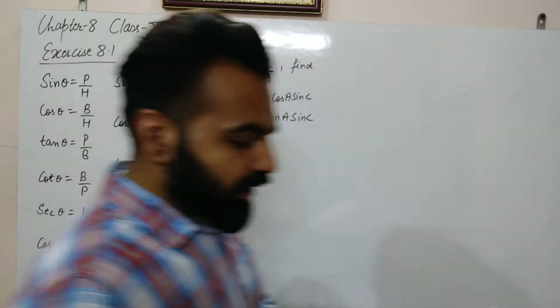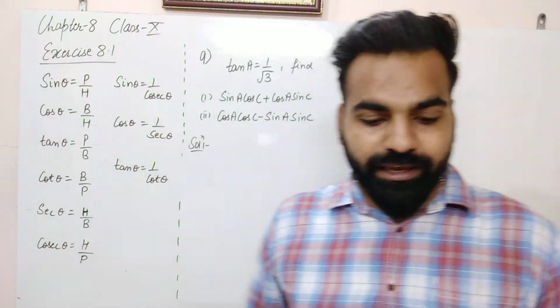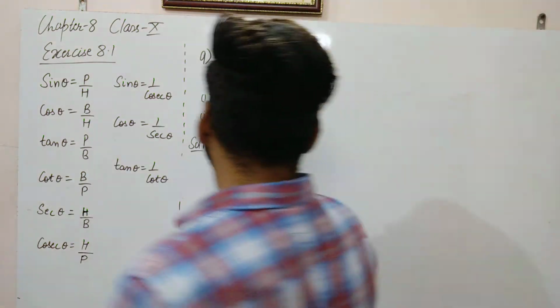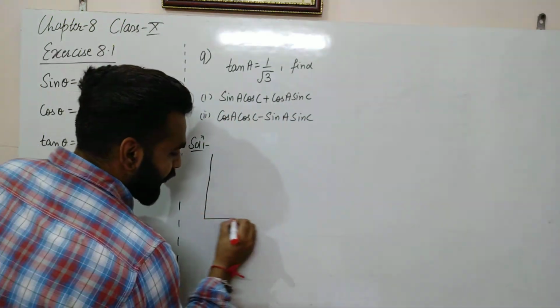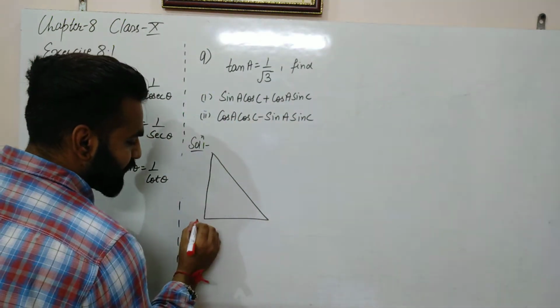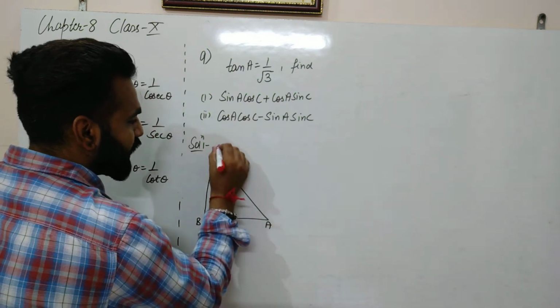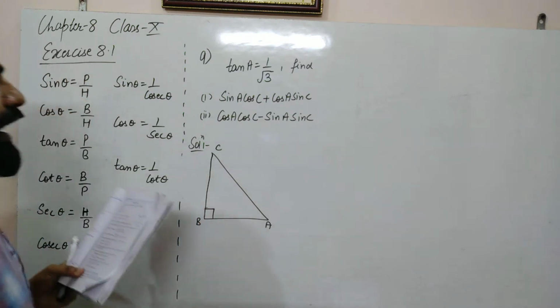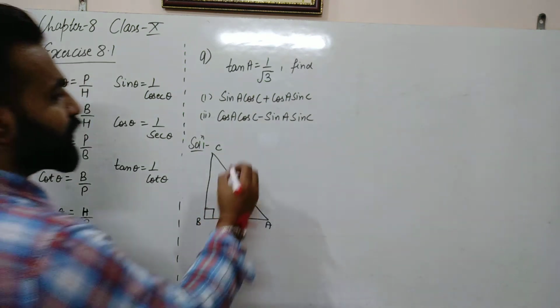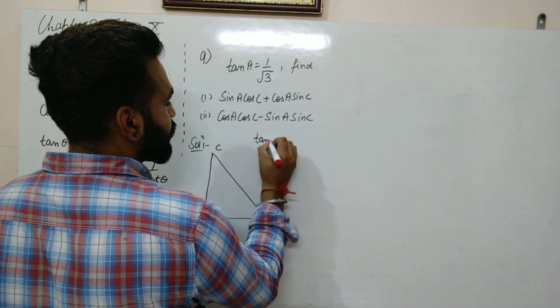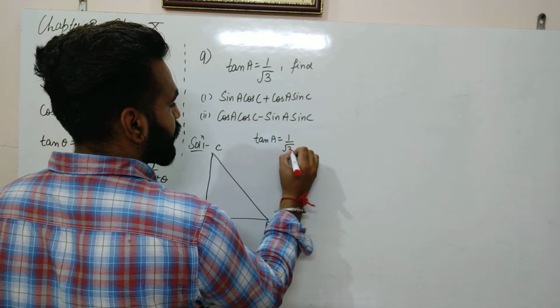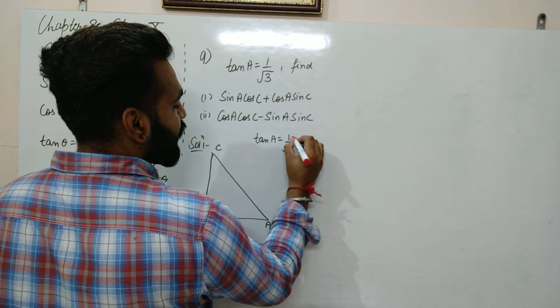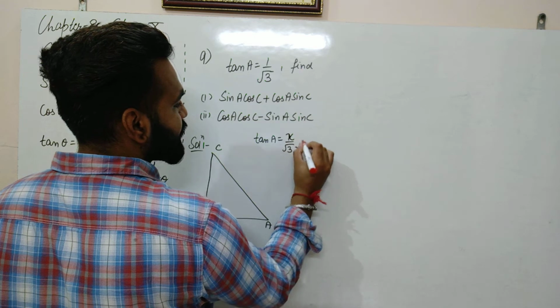Question number 9 now. In triangle ABC, right angled at B. So form a triangle here which is right angled at B. A and C you can take on either side. This is right angled at B, and it is given that tan A is equal to 1 by root 3. So this will be x upon root 3x.